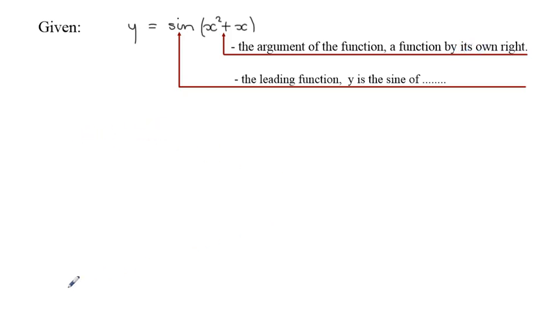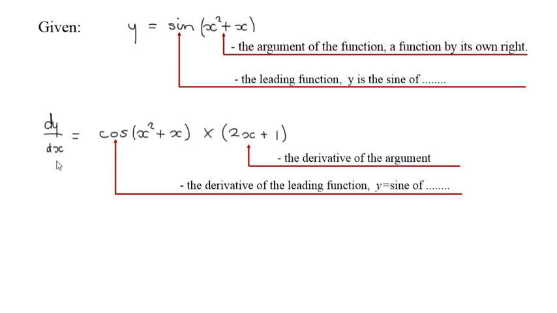Now if we were to differentiate this, this is what we do. This is actually what we have seen. We simply write dy/dx is equal to cosine of (x squared plus x) multiplied by (2x plus 1), which is the derivative of the argument.